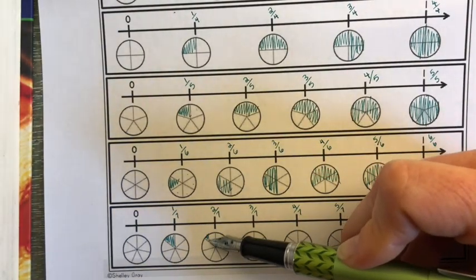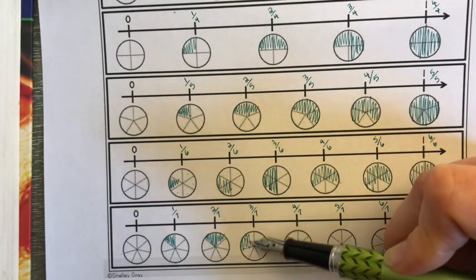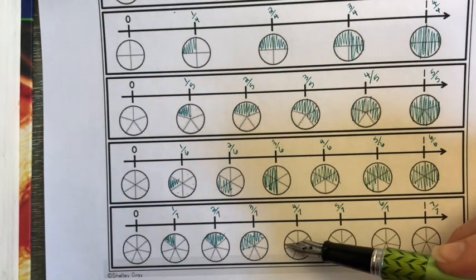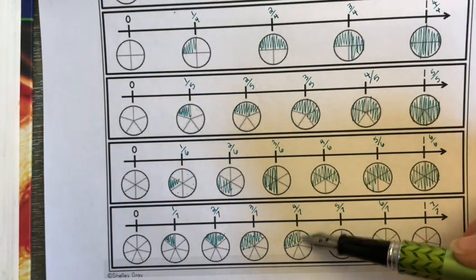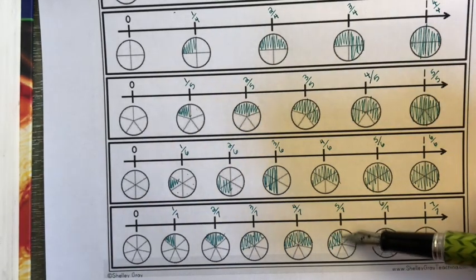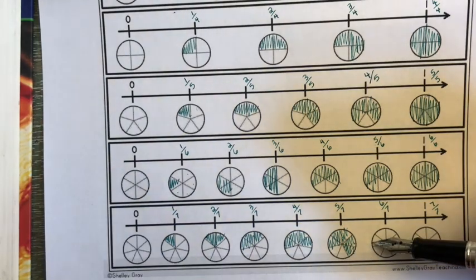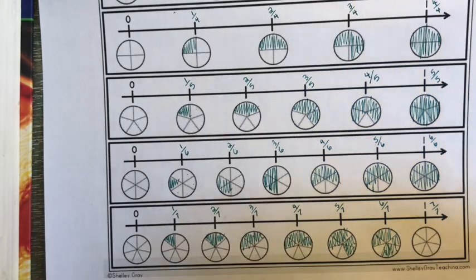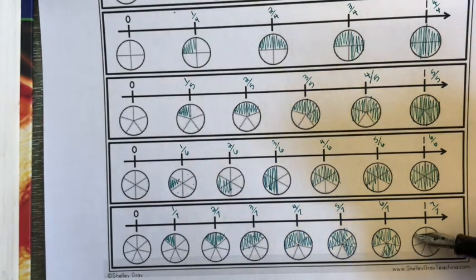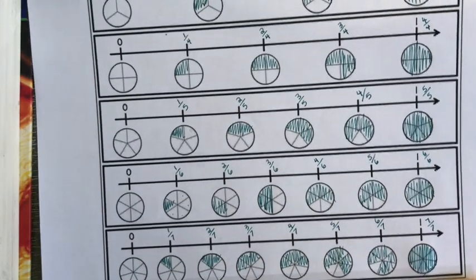Then we have 2 7ths. 1, 2, 3 7ths. 1, 2, 3, 4 7ths. 1, 2, 3, 4, 5 7ths. 1, 2, 3, 4, 5, 6 7ths. And then this one I'm going to shade in all 7, which means I'm shading in the whole thing, the whole number. Okay, so I hope this helped a bit.